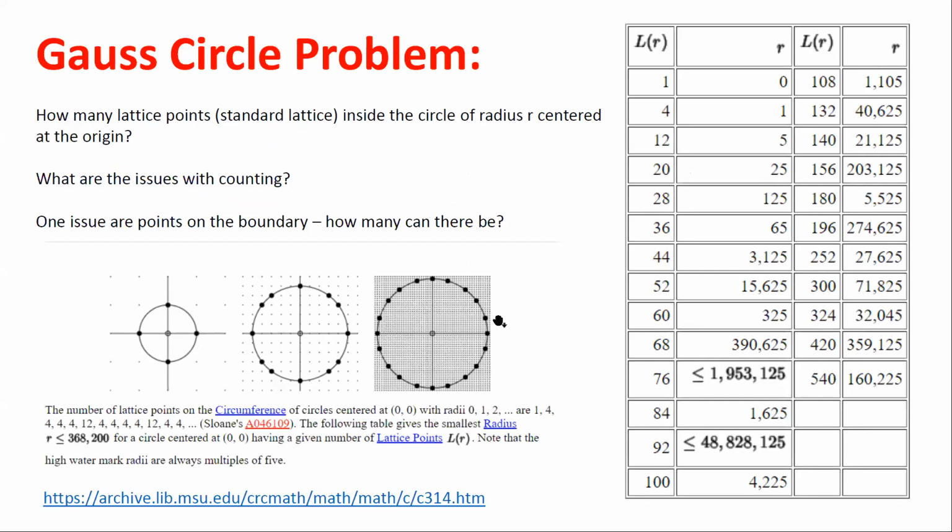As a nice challenge problem, can you prove that given any number n, you can always find a radius such that there are at least n points on the boundary? So this shows that for n up to 540, we can do it.